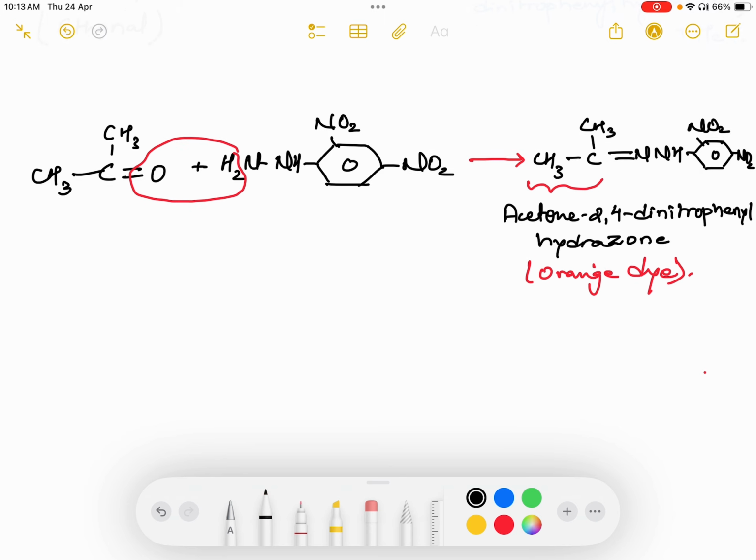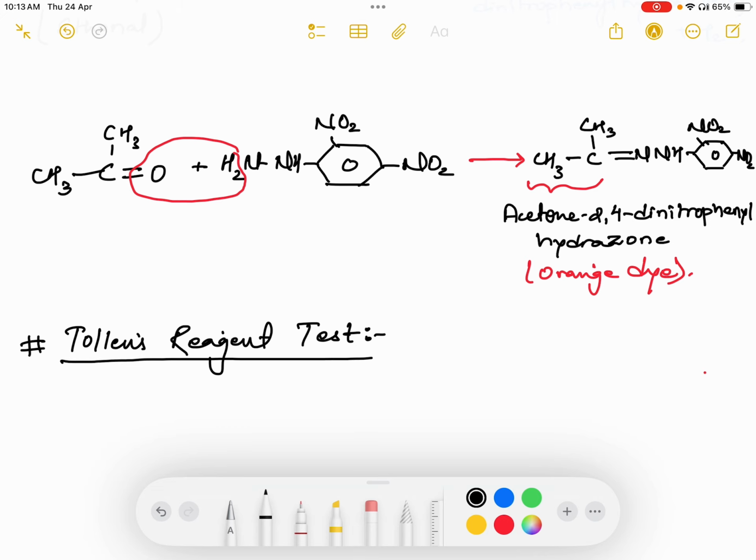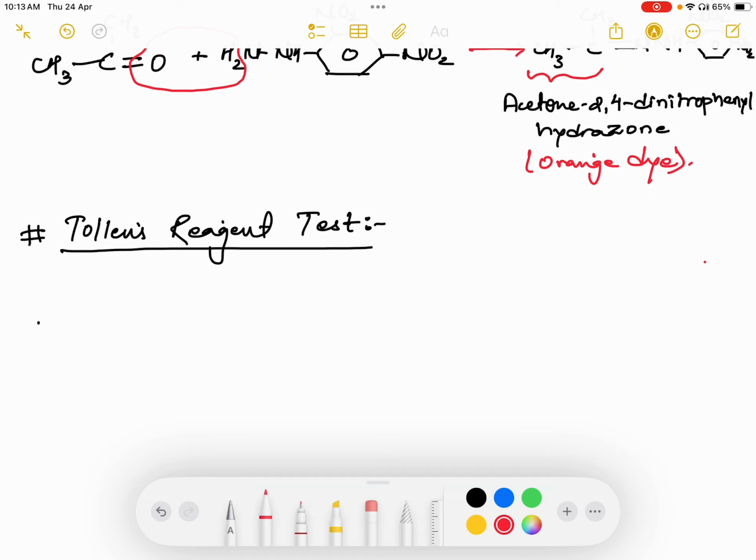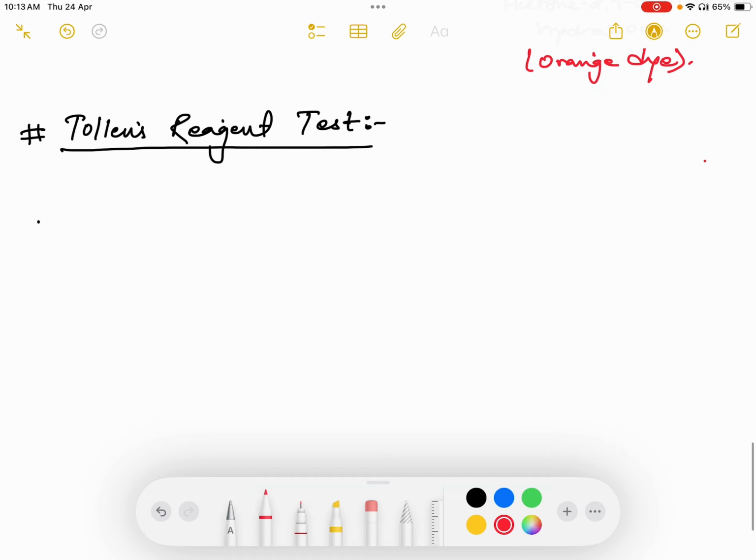Let me go for the next one, that is the Tollens reagent test. Sometimes the question is directly asked: what is Tollens reagent?